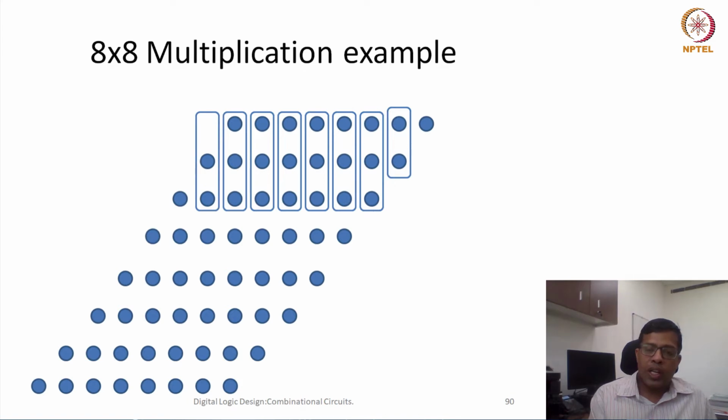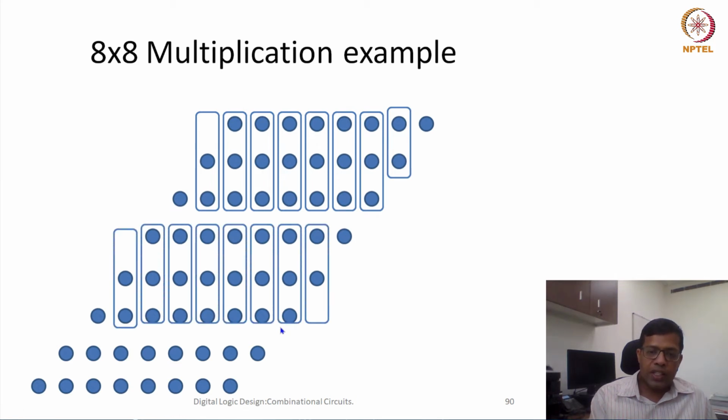Like this we can also add the 3 bits in these 3 rows, and these we are leaving. The fundamental method we are using to create these groups is that if the number of rows, or number of dots, or wires, is more than a multiple of 3, then I can make groups of 3.